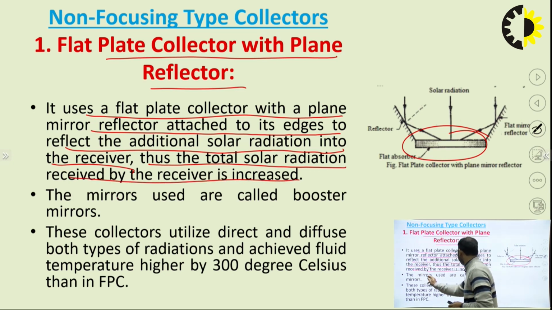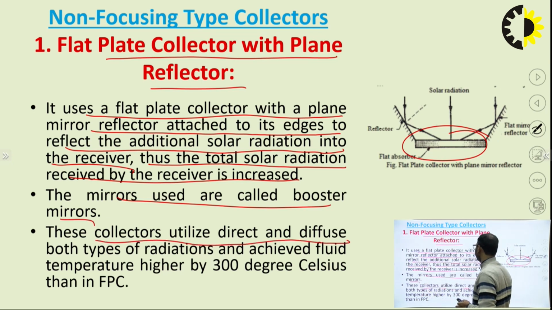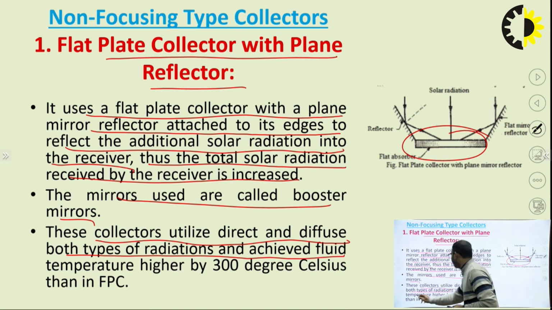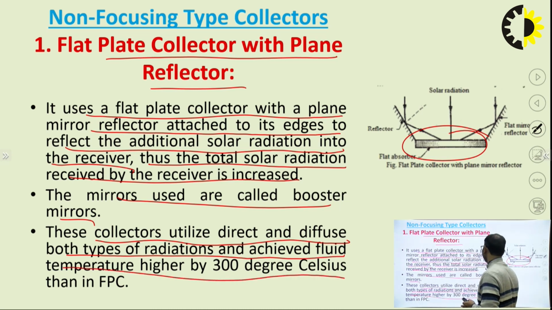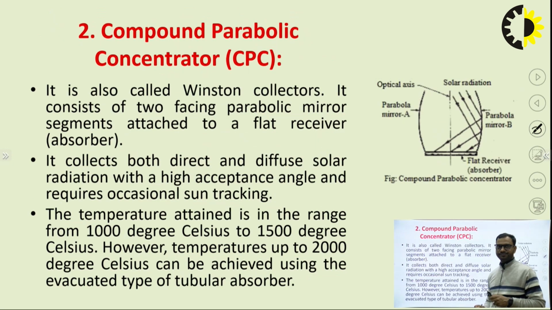The mirrors used are called booster mirrors, and this collector utilizes both direct and diffuse radiation and achieves a fluid temperature higher by 300 degrees Celsius than in flat plate collectors. This is the schematic representation of the flat plate collector with plane mirror reflector.